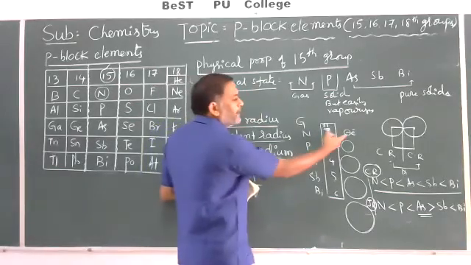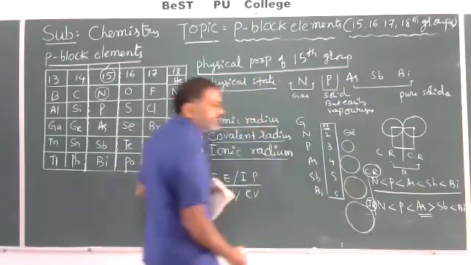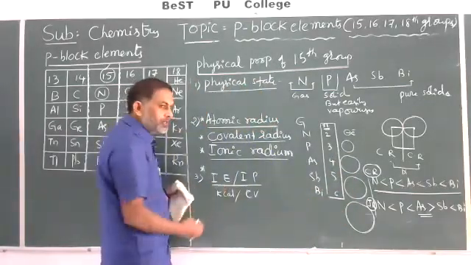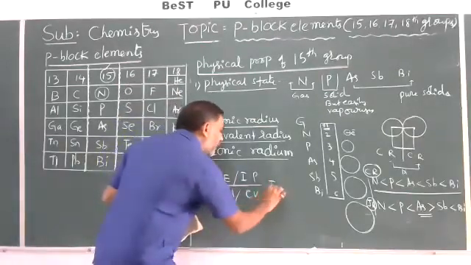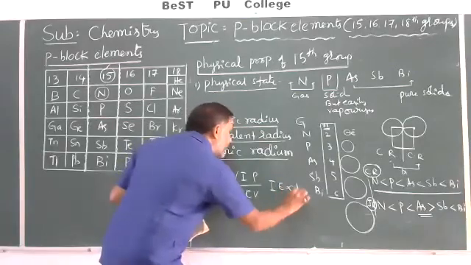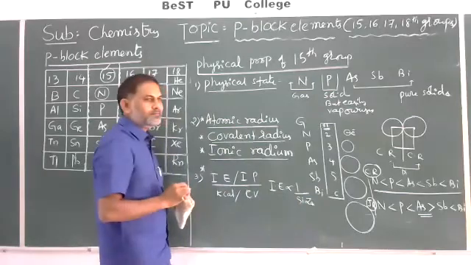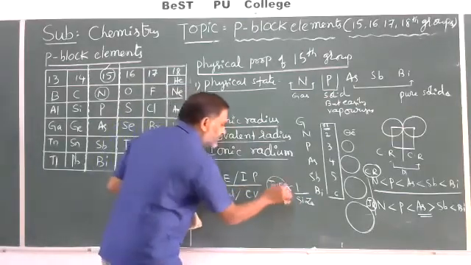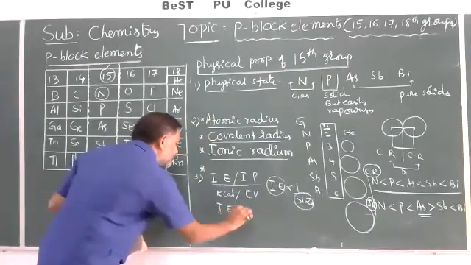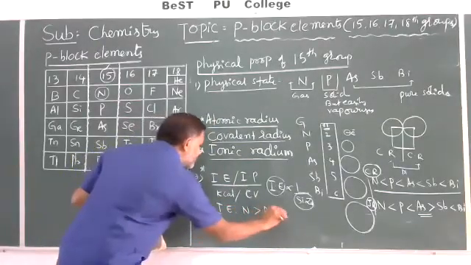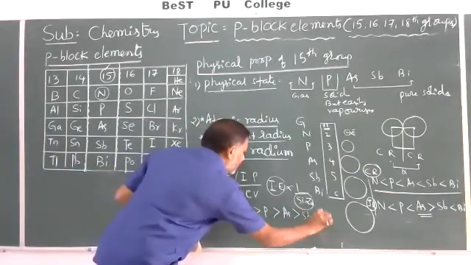Now from nitrogen to bismuth, size increases, so ionization energy decreases. Ionization energy is inversely proportional to the size of the atom or ion. When ionization energy increases, size decreases. That's why ionization energy is more for nitrogen than phosphorus, arsenic, antimony and bismuth.